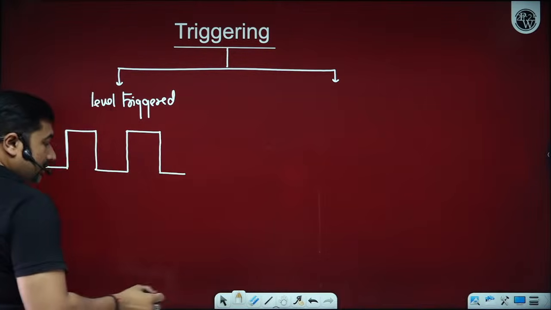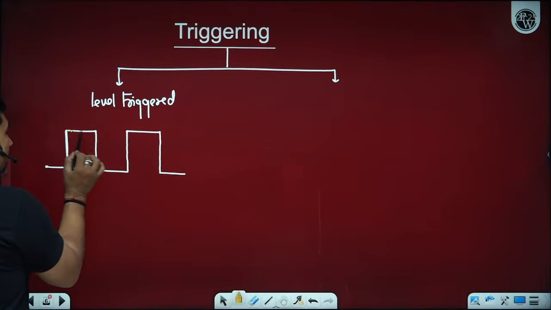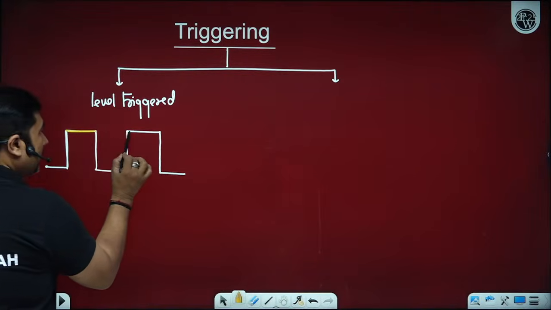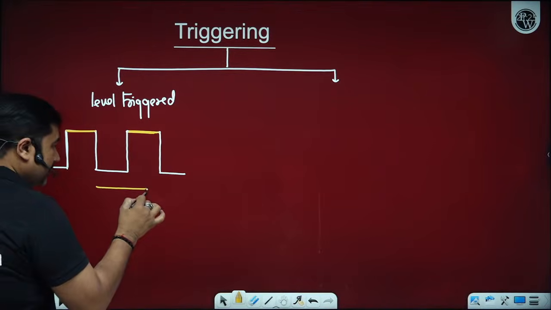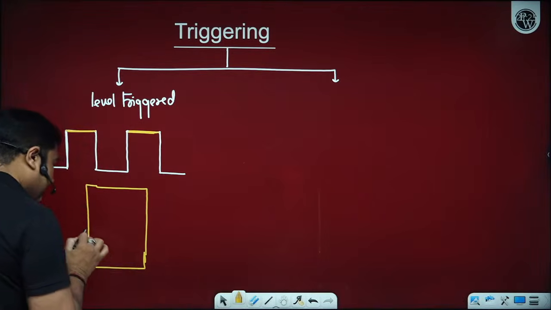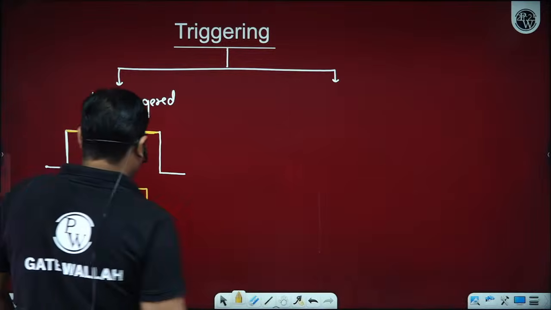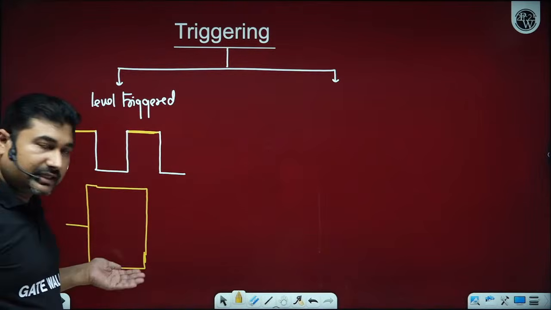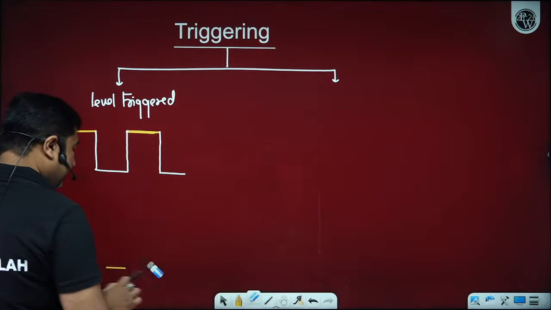So in case of a level triggering, only when the level is high or the level is low, then your circuit will operate. It can be represented in the flip flop by this symbol. This is what we call a positive level triggered circuit and a negative level triggered circuit.